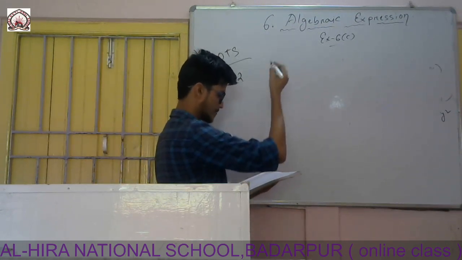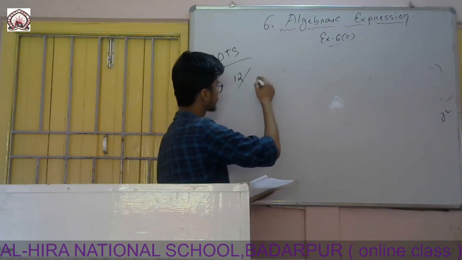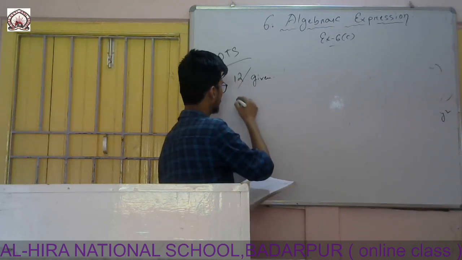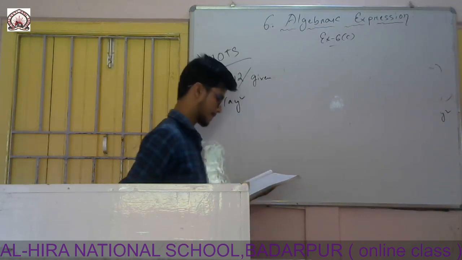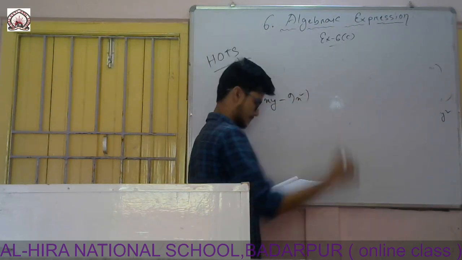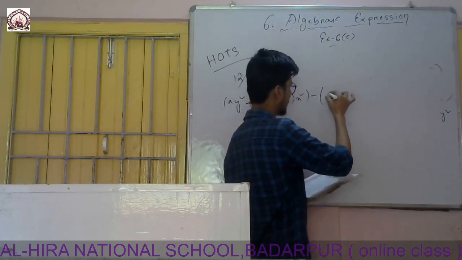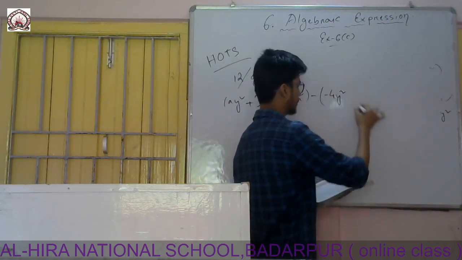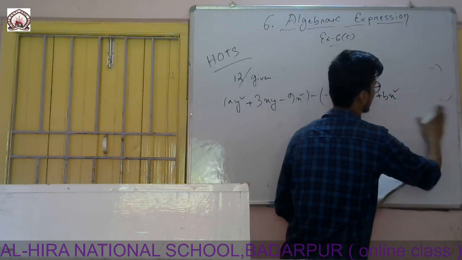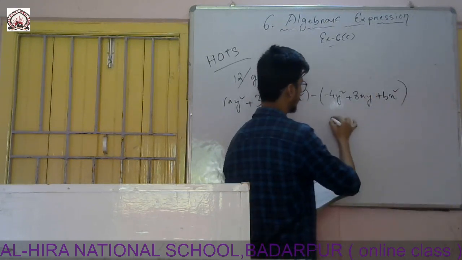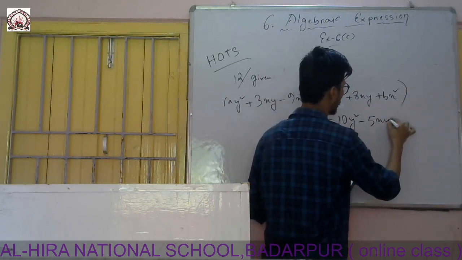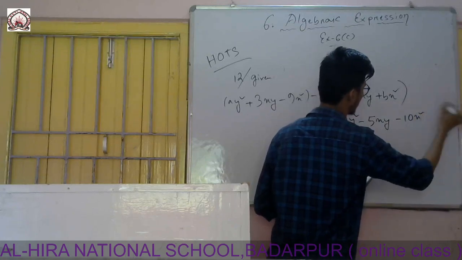Now there it is given, you write it in one line: a y square plus 3xy minus 9x square, then again minus sign, then minus 4y square plus 8xy plus b x square, then the bracket is closed, then equals 10y square minus 5xy and minus 10x square.